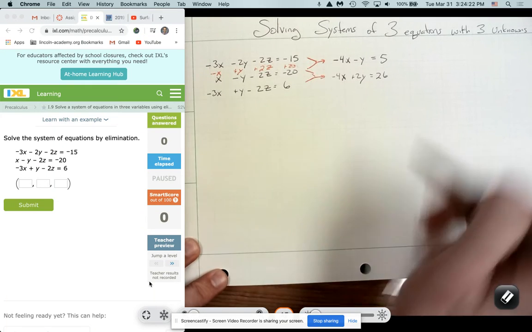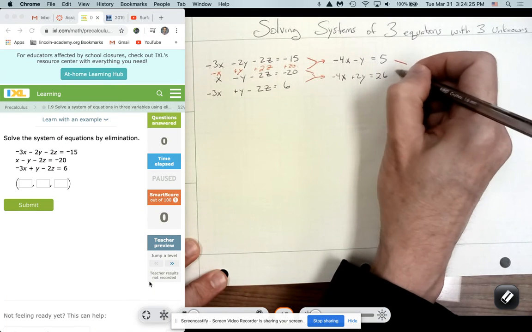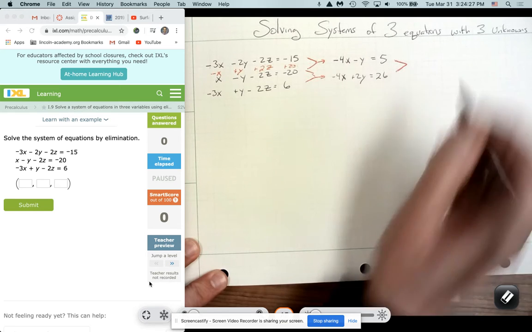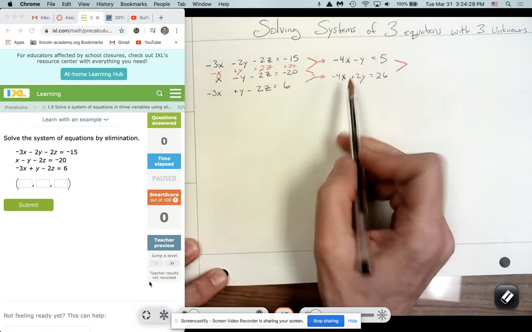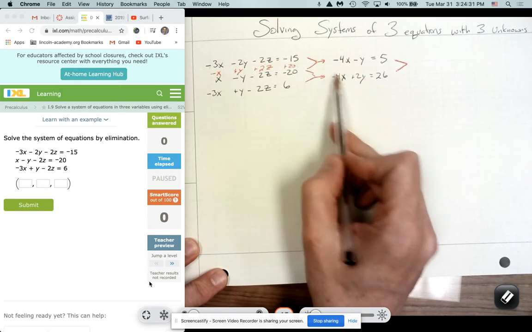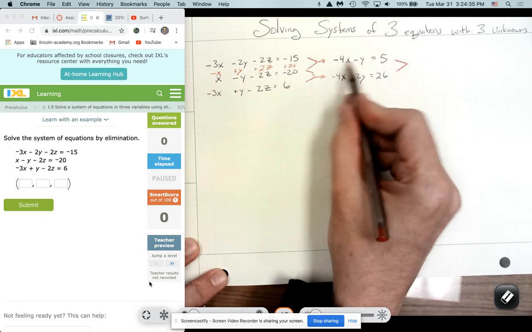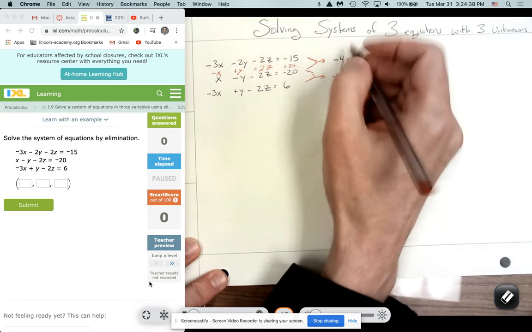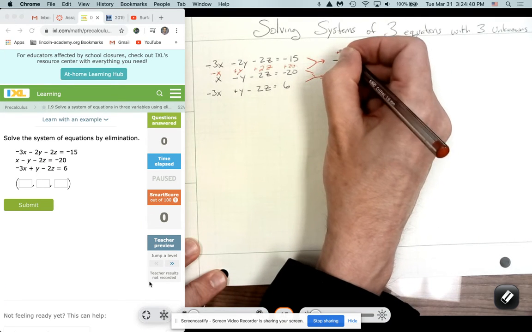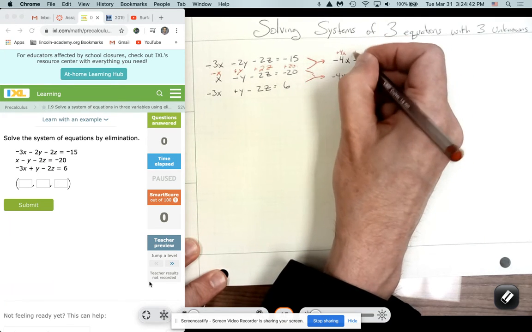Now, again, I'm going to do the same process. I'm going to narrow this down to one equation in one variable by eliminating either the x's or the y's. And now, again, it looks like the x's will be the easiest to eliminate. I'm just going to multiply this top equation by a negative 1. So this will become a positive 4x. This will become a positive y.